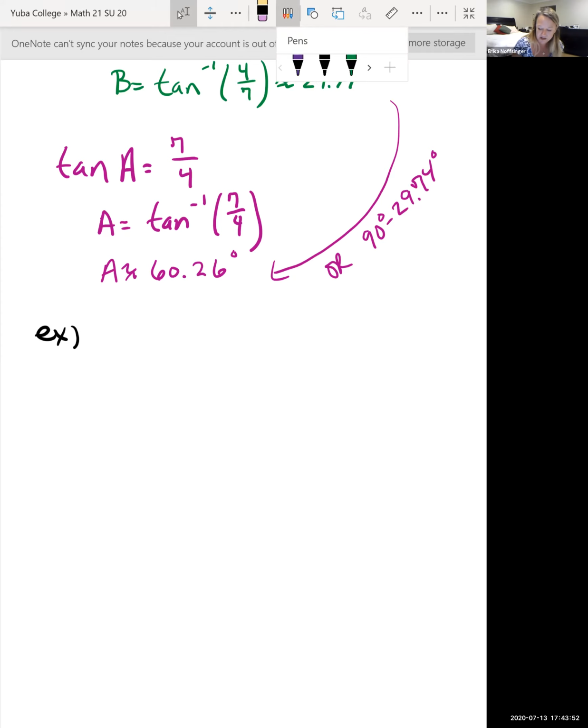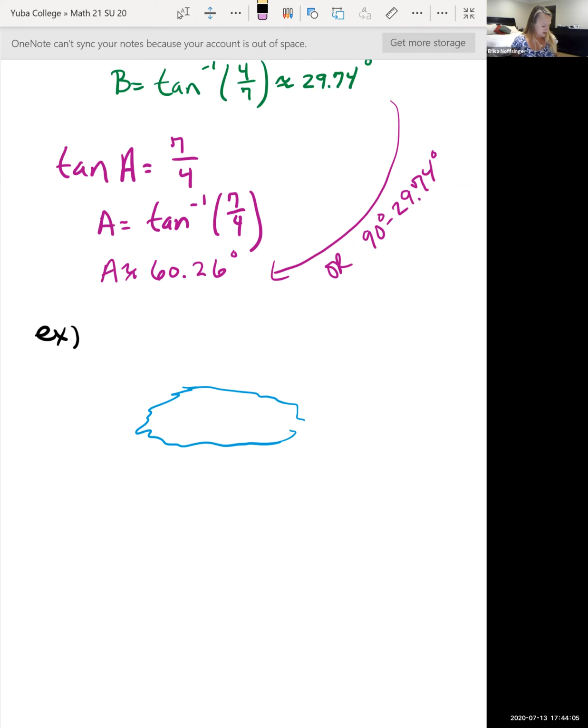Okay, so we got a lake. We're trying to find out a distance. So a surveyor is measuring the distance across a small lake. He has set up a transit on one side of the lake. Anyone know what that is?